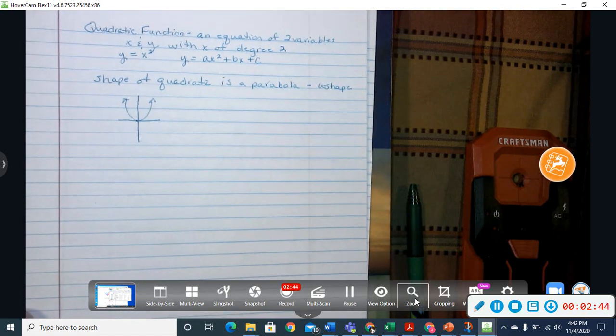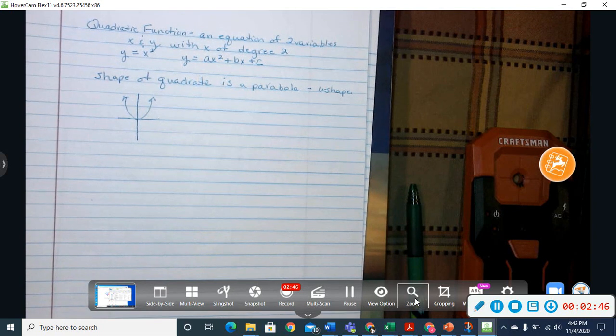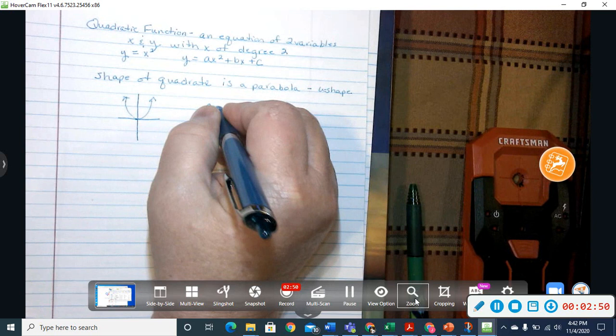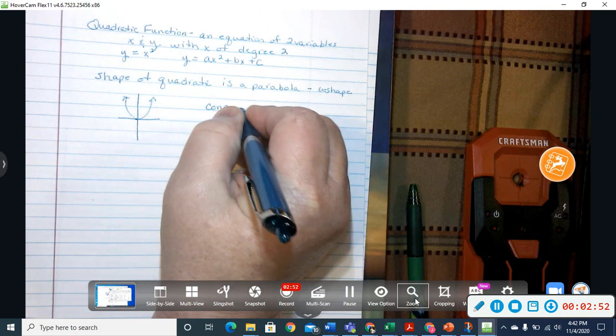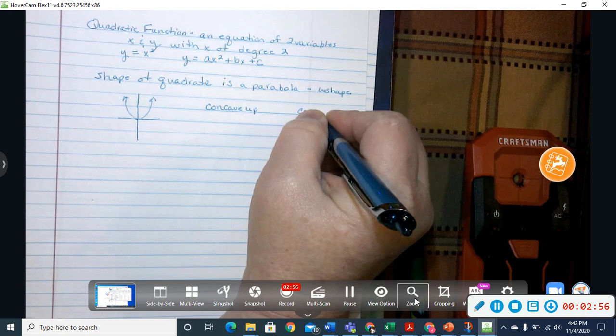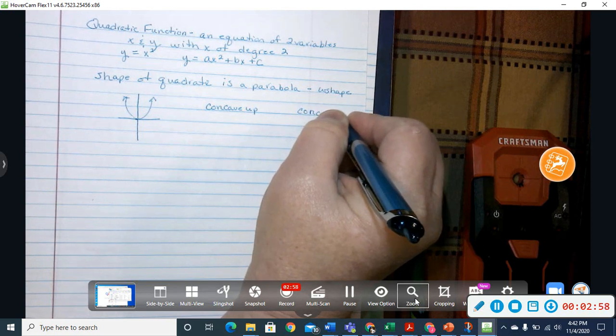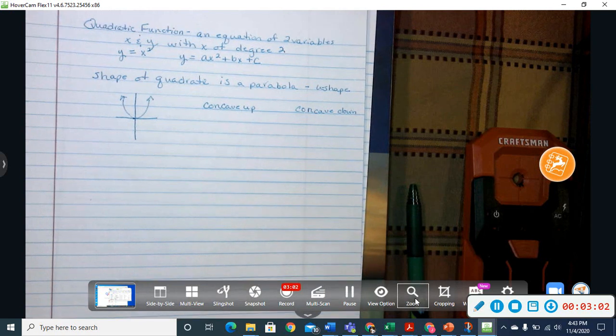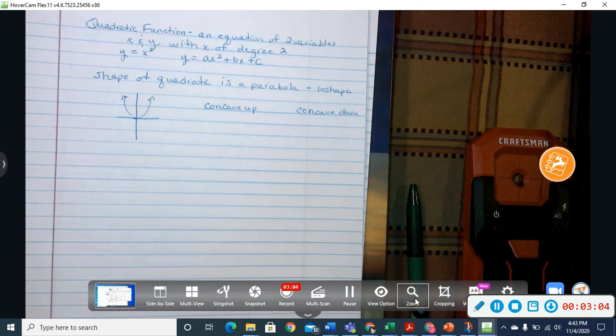One of the main things that we start with when we talk about parabolas is whether a parabola is concave up or concave down. And of course that has to do with the sign of the leading coefficient, the a value.